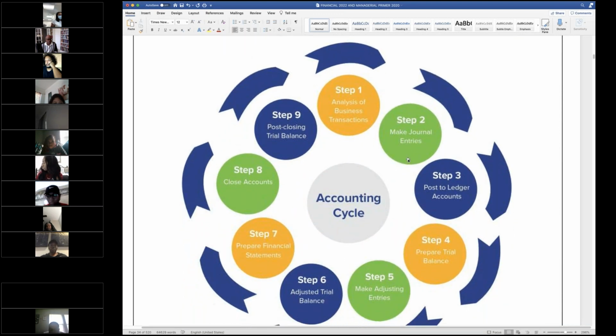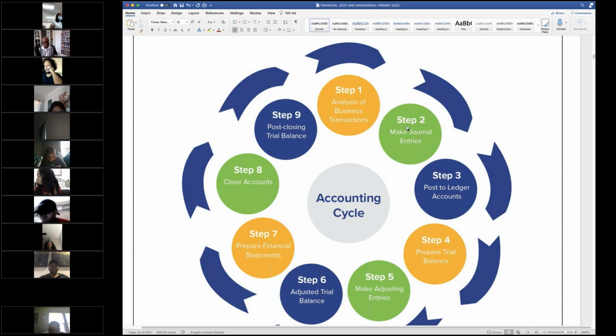Okay, we're on the accounting cycle, steps 1, 2, 3, and 4, and of course, 7 and 8 today, preparing the financial statements and closing the accounts. But when I looked at that, plus looking at the trial balance exam, if you have issues with step 2 especially, then it's difficult to get through 3 and 4, 7 and 8.